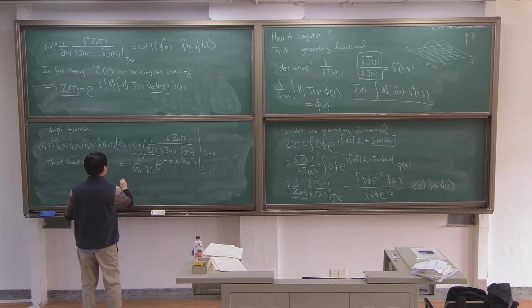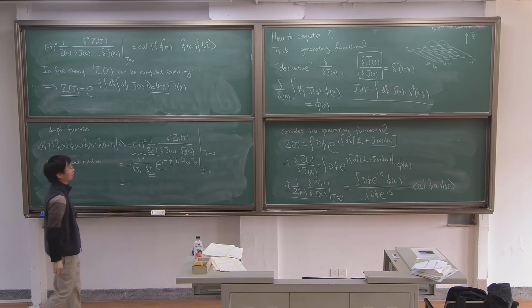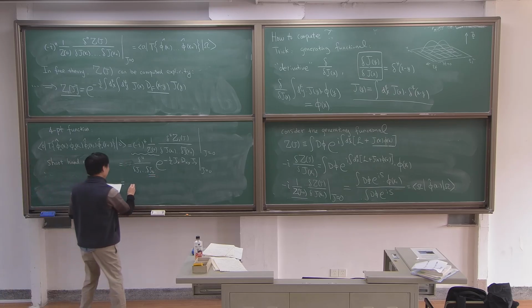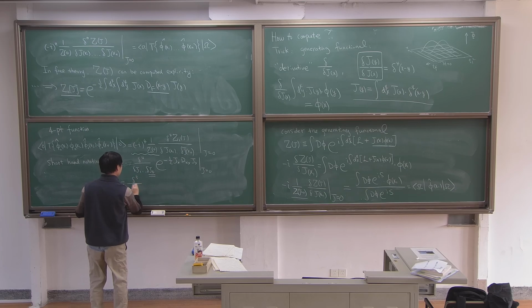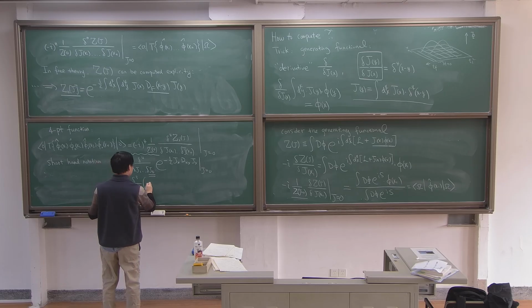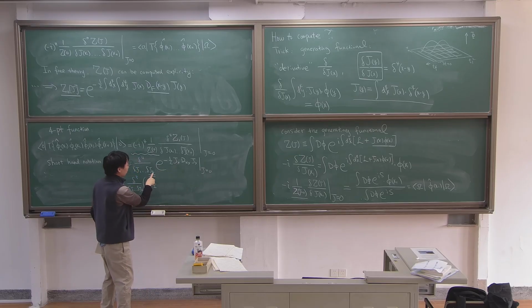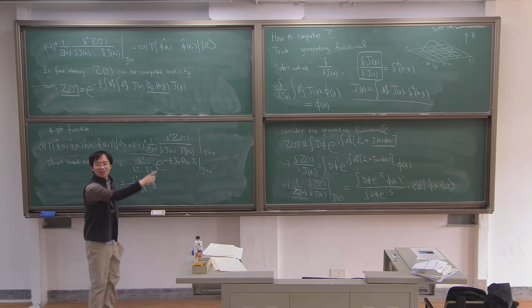Now, let's first take this variation with respect to J4. Then the leftover is just J1 to J3. Let's do it one by one. First, you do the variation with respect to J, you get a minus half, then you get a delta function for x, by definition.